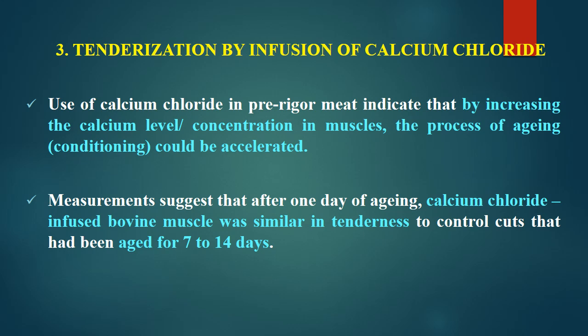So here we are discussing a very new method developed through research, that is the use of calcium chloride infusion, and it is injected through the arteries in the cuts, and that can accelerate the process of aging. That is because of the activation of enzymes in the muscle like calcium activated sarcoplasmic factors, which we have discussed. And in a research it has been observed that calcium chloride for 1 day gives an aging equivalent to 7 to 14 days.